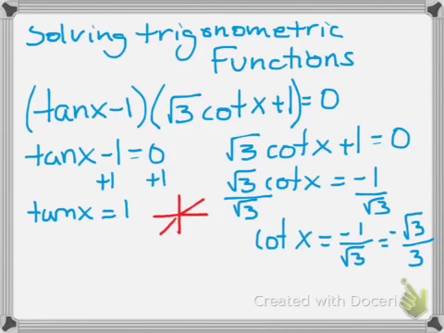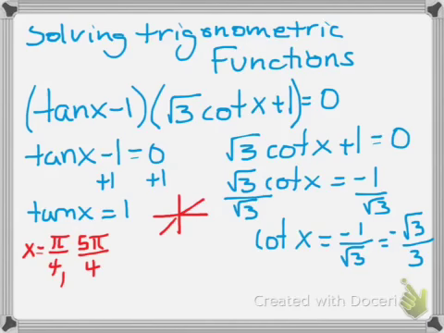So we're looking up our angle in quadrant 1, x equals, so for which angle is the tangent equal to 1, and that would be pi over 4 in quadrant 1, and in quadrant 3 that is 5 pi over 4.